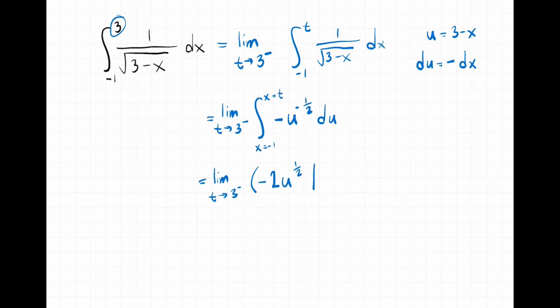And we are going from x equals -1 to x equals t. And we'll just put our u back in, so we'll have this equals the limit as t goes to 3 from below of -2 square root, because u to the 1/2 is a square root, of 3 minus x, going from -1 to t.